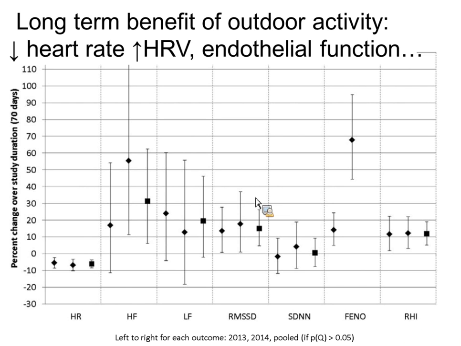Now, I also wanted to talk about a sort of incidental finding. We included day of study as a covariate in our models to account for the effect of trend. And we found fairly consistently, as shown here, that over the course of the study there was a reduction in heart rate, an increase in some of the heart rate variability measures, and in the reactive hyperemia index.